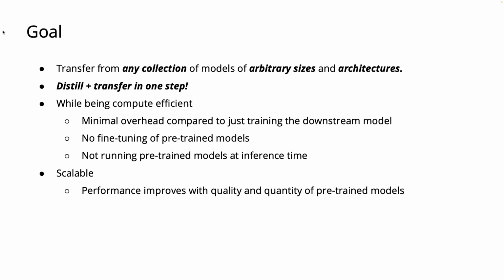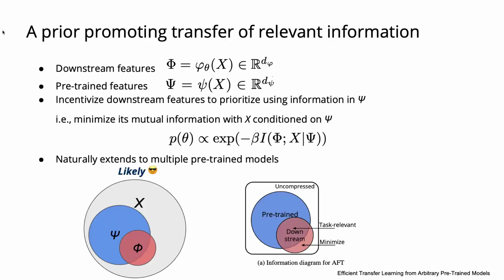So we won't fine-tune the pre-trained model itself, and we won't run the pre-trained model at inference time, because if the model is large enough, inference will be very costly as well. We also want to be scalable to as many pre-trained weights as possible. We have some hypotheses to make it work.